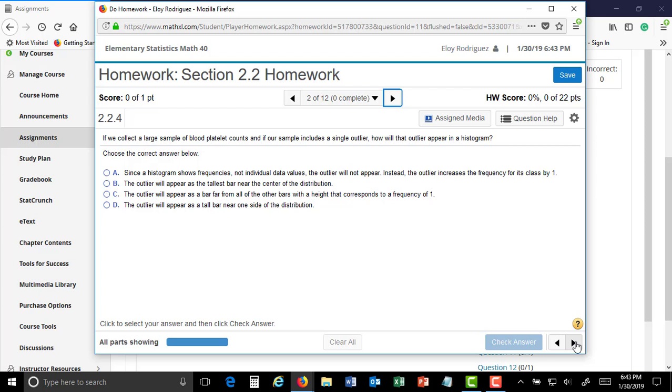So if one of them is way out there, by the time you do your histogram, you're going to have all your frequencies here, then a gap, and then one little blip over here. So you might want to remove it when you're trying to get an idea of what the real distribution is.